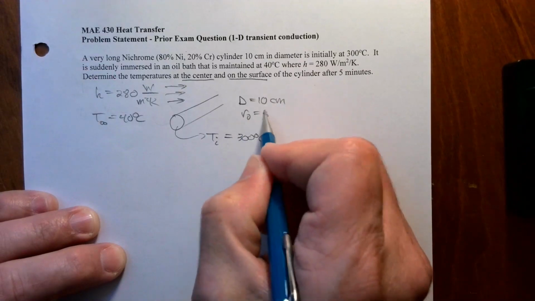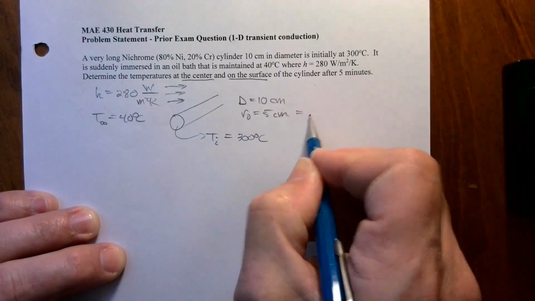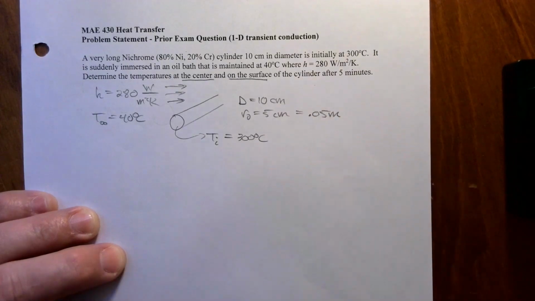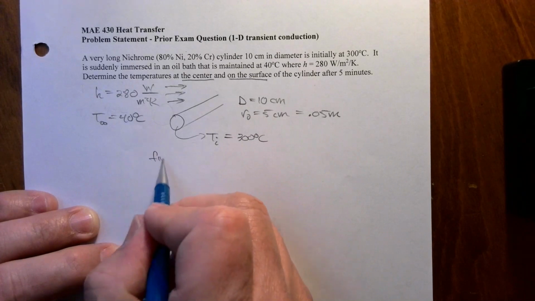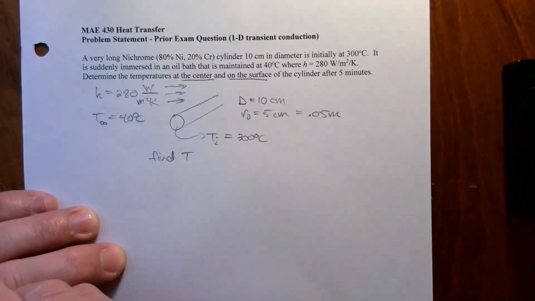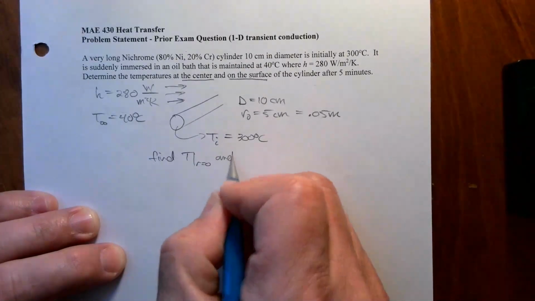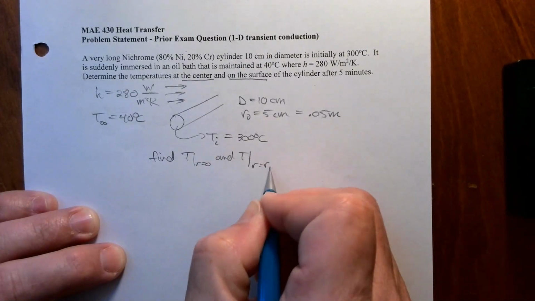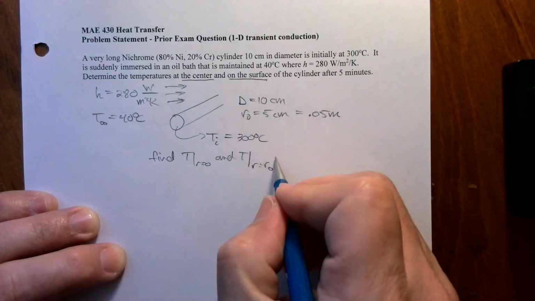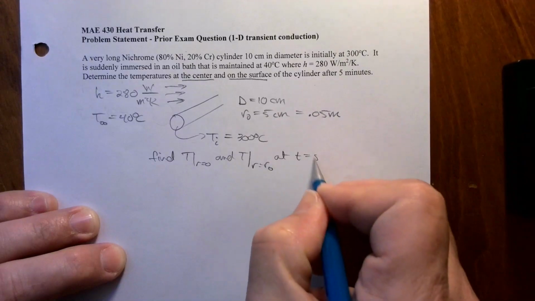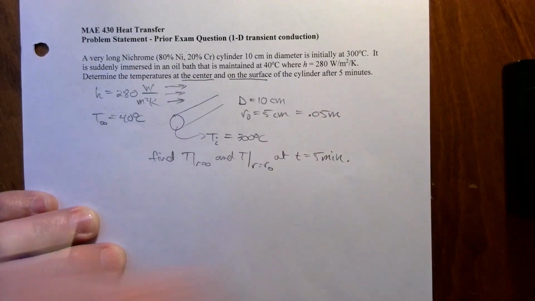R naught then is equal to 5 centimeters, so 0.05 meters is the radius. We need to find T at r equal to 0 and T at r equal to R naught at t equal to 5 minutes.